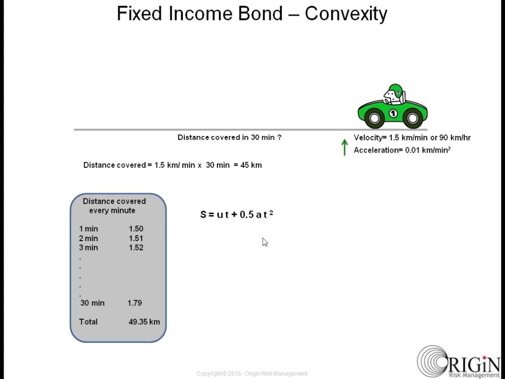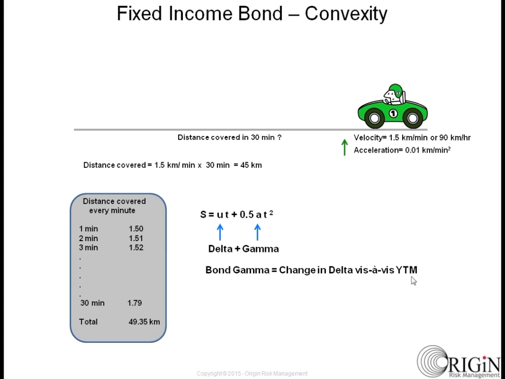The first term ut is the delta term, and the second term half at square is the acceleration term or the gamma term. What is acceleration? It is nothing but change in velocity over time. If we apply the same to bond delta, the change in value of delta vis-a-vis interest is the acceleration or gamma.